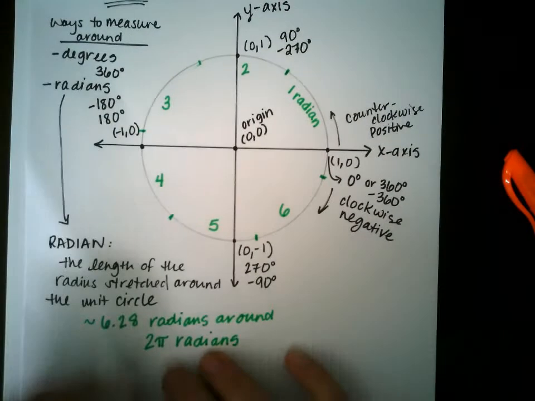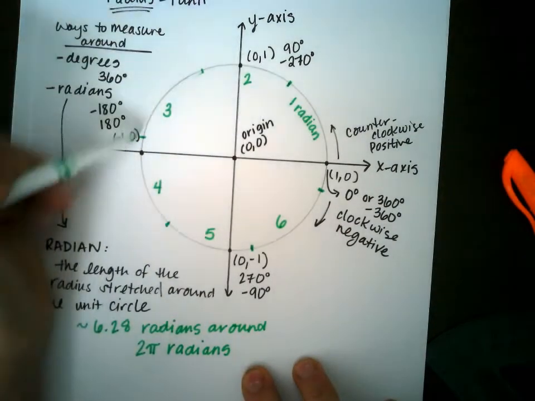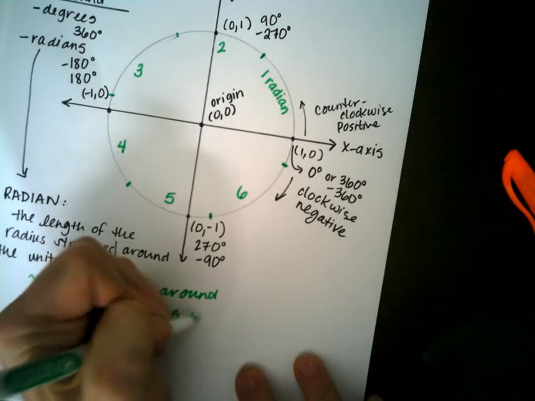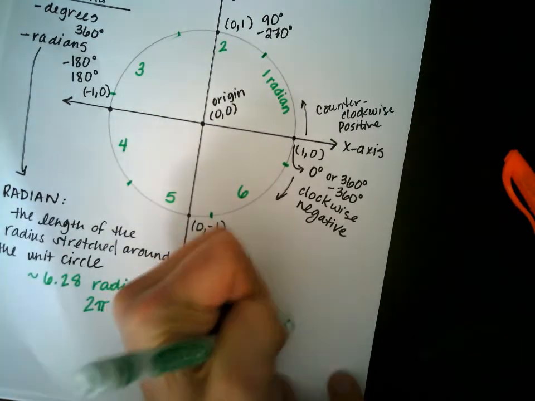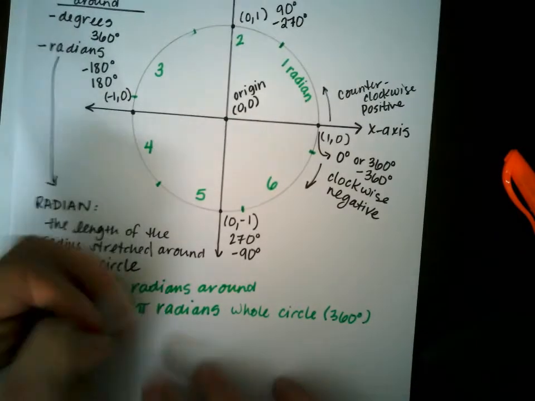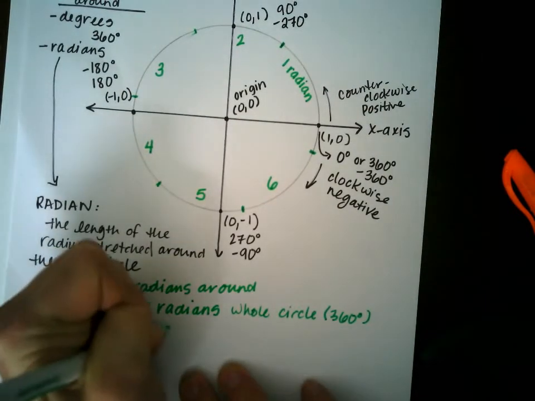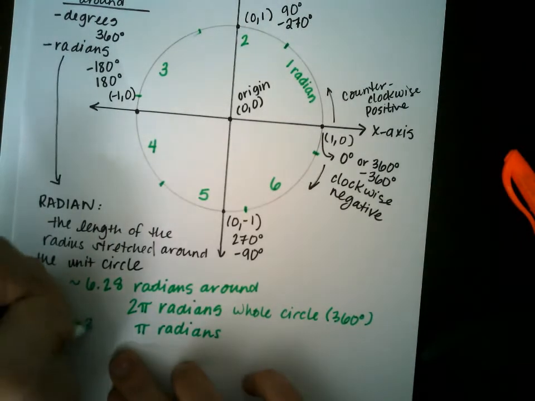And this is actually where pi comes from, because exactly halfway around the circle, so this is a whole circle, or 360 degrees, but exactly halfway around the circle is pi radians, which is about 3.14.